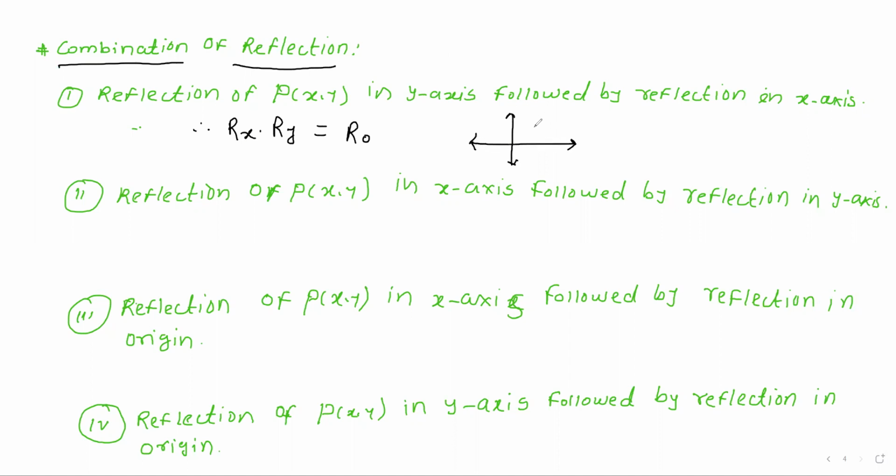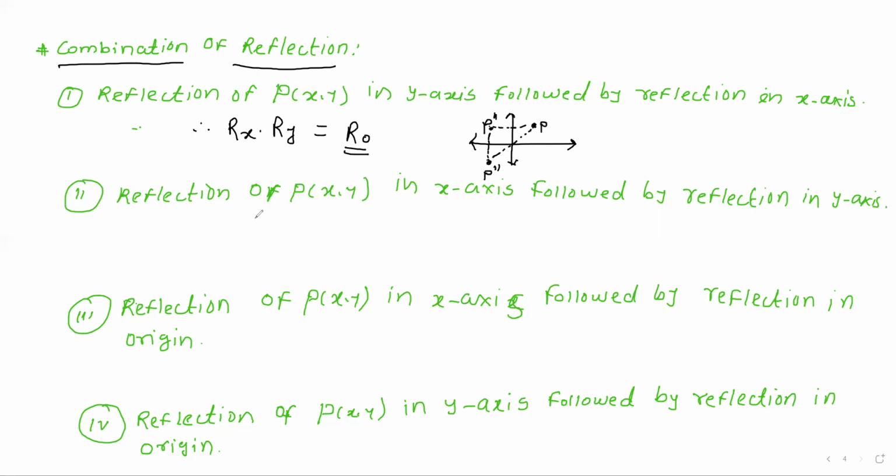Suppose P is here, and we reflect in y axis, its image will form here, that is P dash, and again reflection in x axis, this point will be reflected somewhere here. We can directly reflect this into here, and that is reflection along origin. So this is our result.